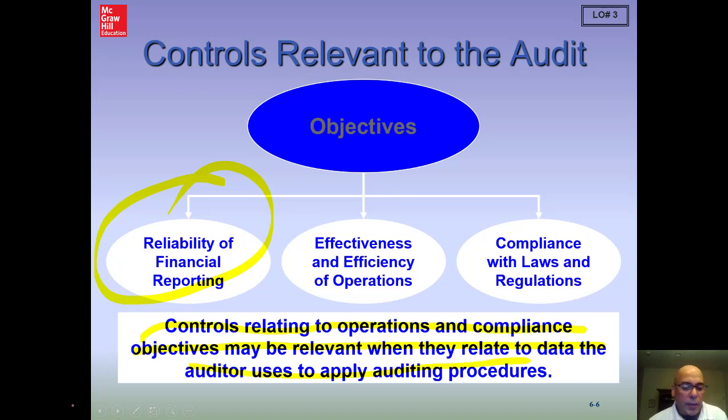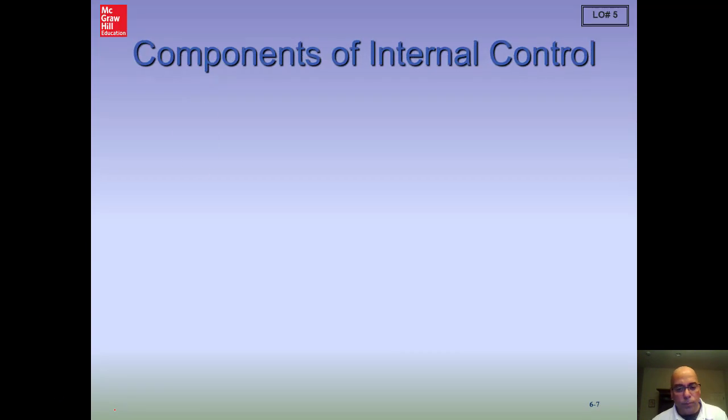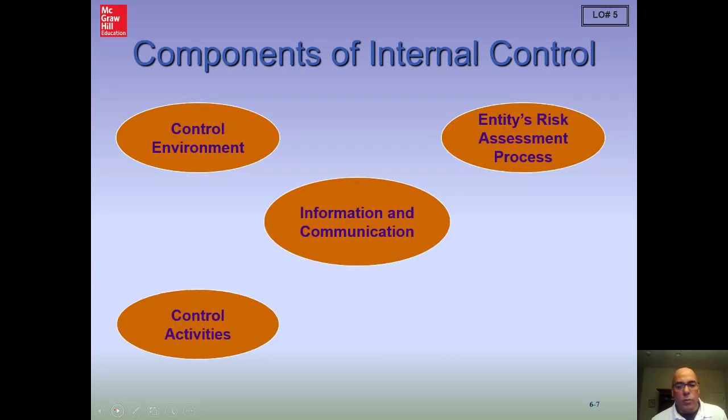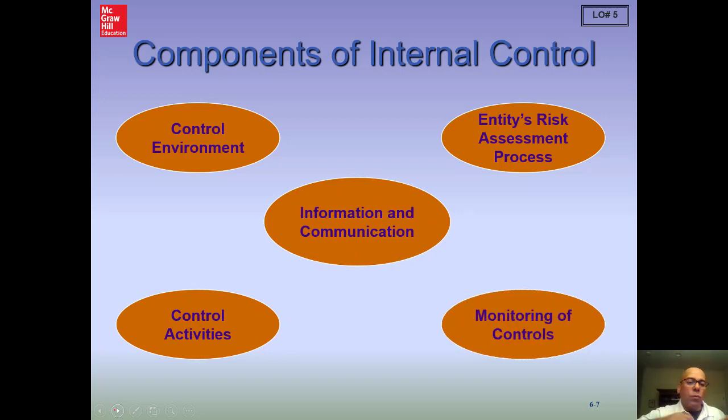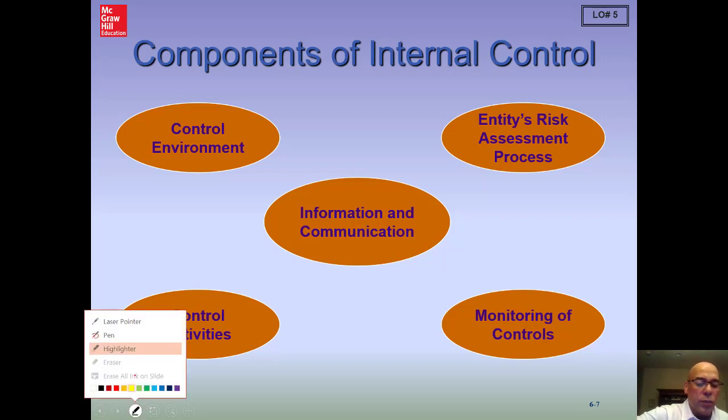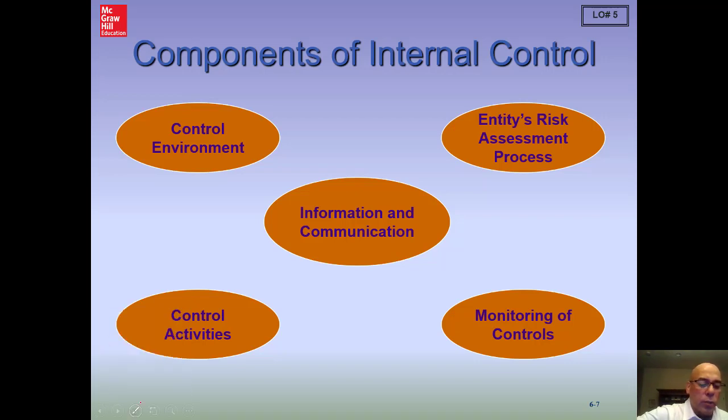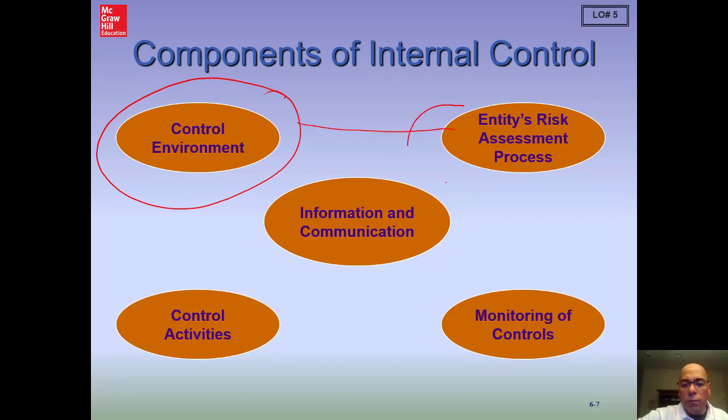Okay, and again, this is the COSO structure, and what COSO did is they said, okay, if those are the objectives of the entity, then we want to structure the control around those objectives. So what COSO pointed out to us is what a company should do is structure their controls around having a strong control environment to achieve those objectives, to assess risks that could affect the accomplishment of those objectives.